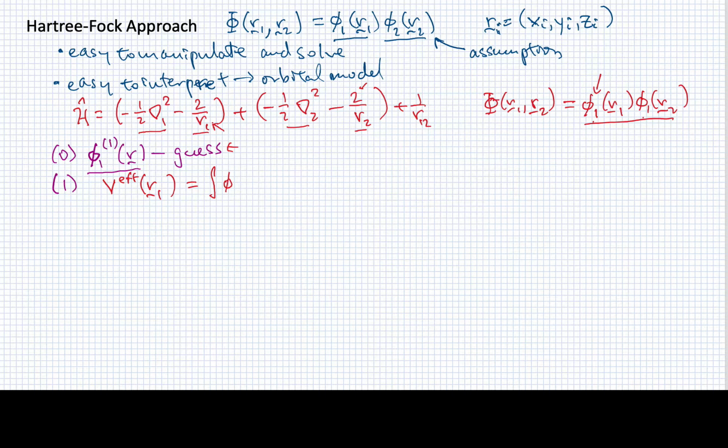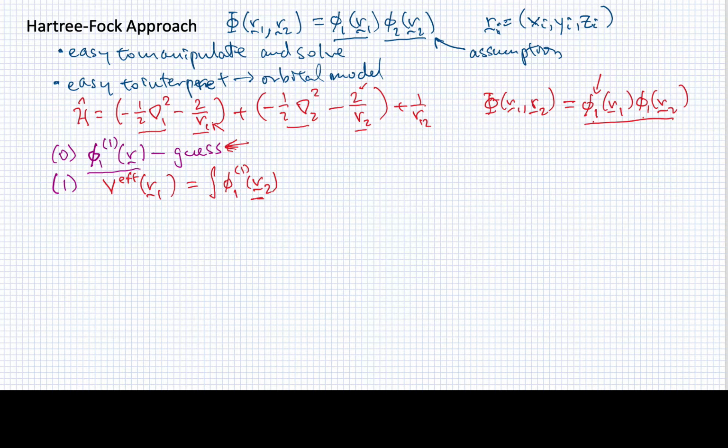So we're going to assume that electron 2 is in this function that we've guessed. I'm going to put the little superscript up here, and this is still that function, but now it's referring to electron 2. That's why I have the R2 here.